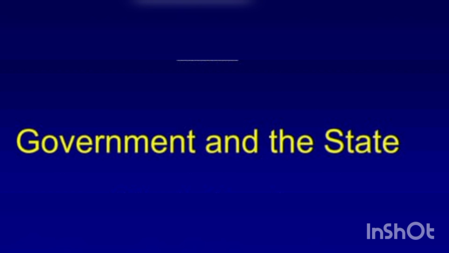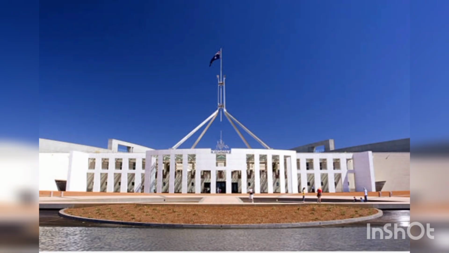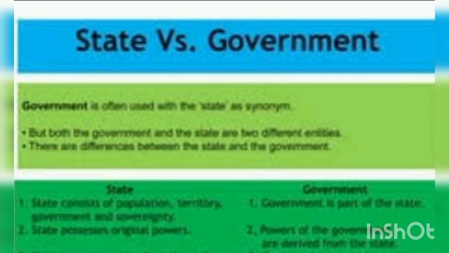Because without people, we can't imagine the government, and without government, state is not made. So both are important. So friends, this is all about today's topic, that is the meaning of the words state and government and what the differences between these two terms are.